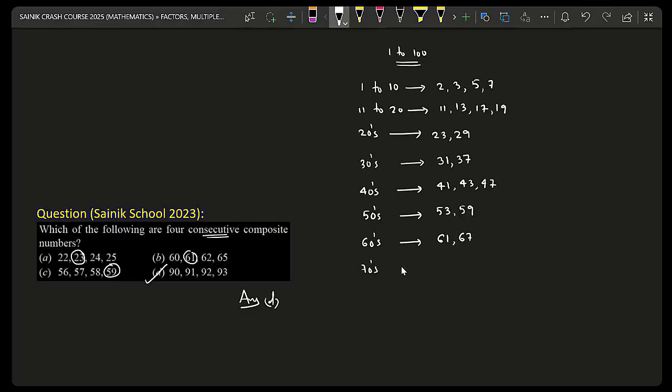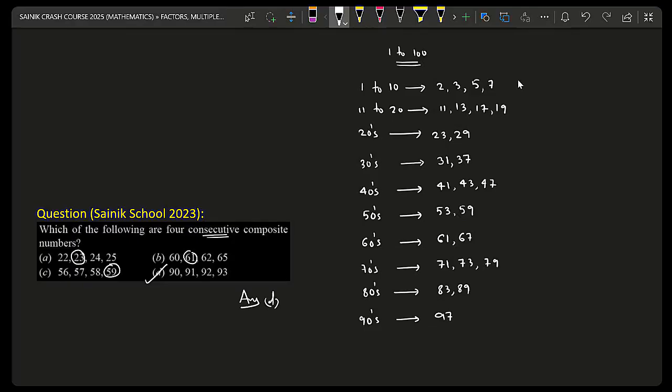In the 70s, there are three prime numbers, 71, 73, and 79. In the 80s, we have two prime numbers, 83 and 89. And in the 90s, there is only one prime number, that is 97.